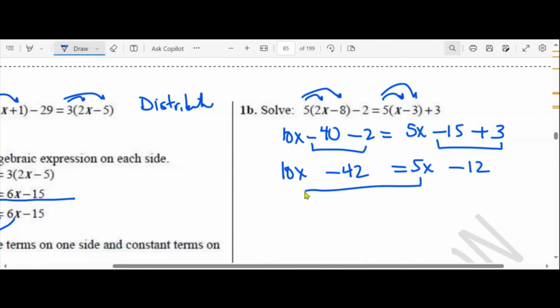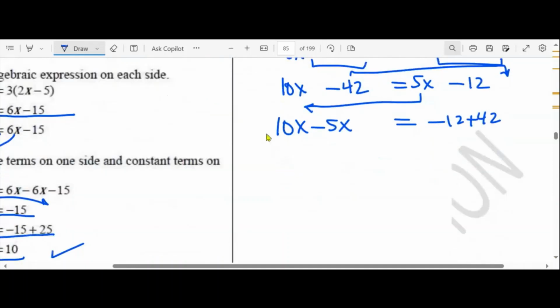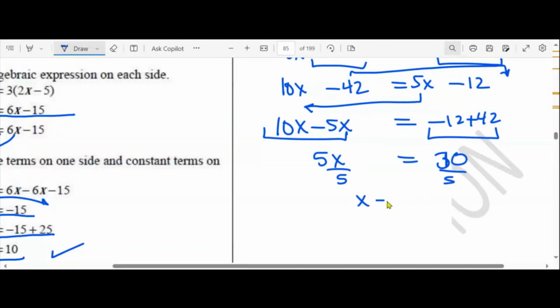Now what should I do? So 10x minus 5x equals negative 12 plus, combine like terms, what do you get? How much? The answer is 6, divided by 5. So what do you have to do? You have to check, right? So you bring the original equation.